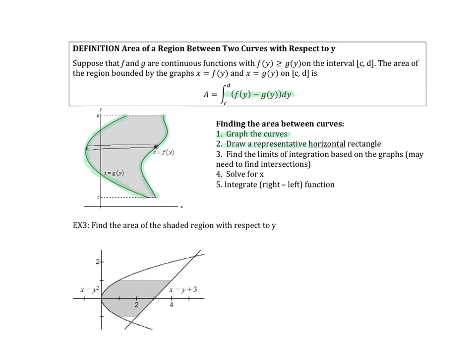Draw a representative horizontal rectangle if you need to. Find your limits of integration if they're not given, except your functions are usually written in terms of x. So you're going to need to solve for x so you can have your function written in terms of y, because we're going to integrate with respect to y. So the integration is right minus left.